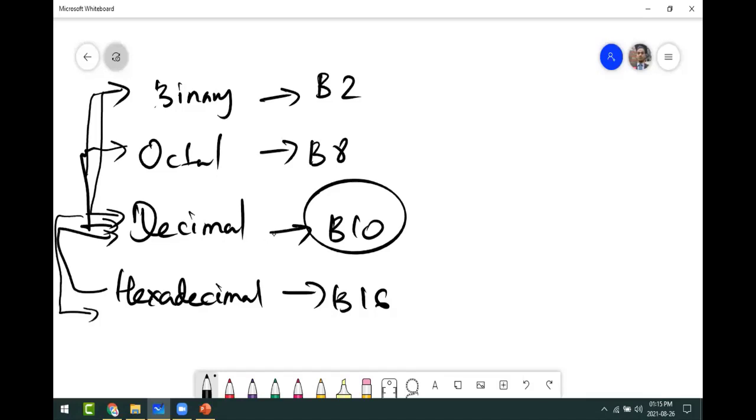So, and also instead of base, we can use the similar term, that is radix, right? Radix also.